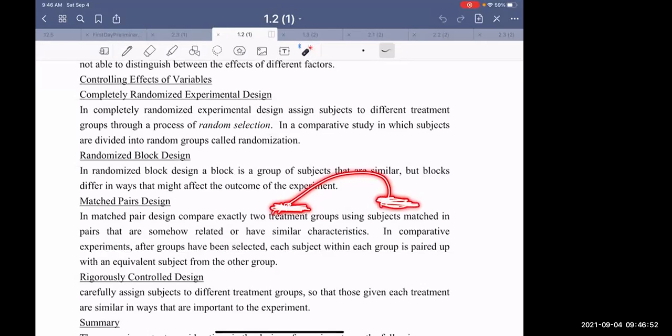So a before and after. That's a matched pair, because certainly you're very, very similar to yourself, and so I'm able to match you with yourself. The only difference is that this was you before you went on the diet, and this is you after you started or finished the diet. Okay, so that's a matched pair design.